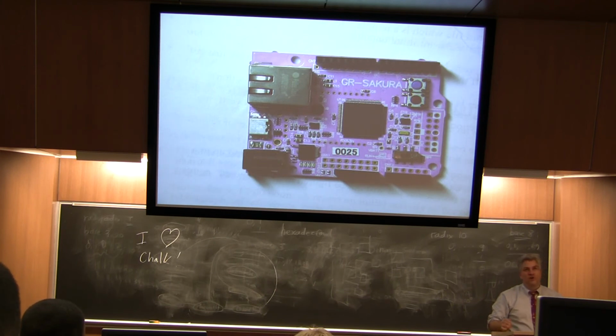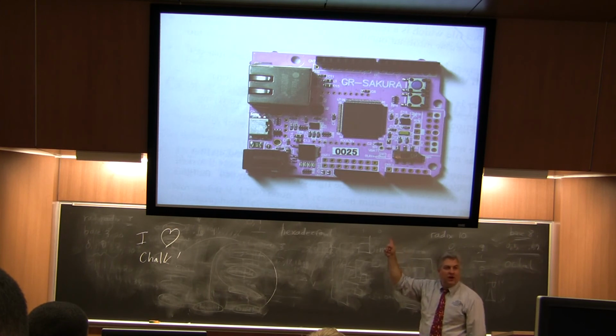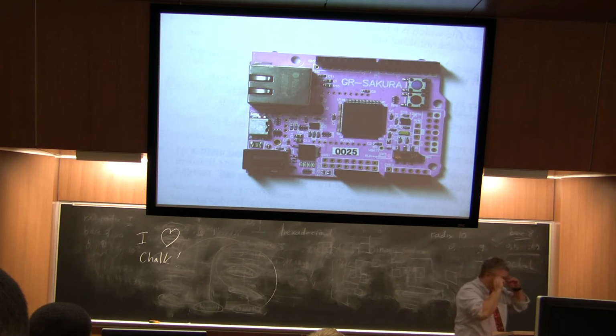Arduino is one of the newer standards. De facto standards is the best way to put it. Really cheap board, like $30, $40. It has some microprocessor capability. It has onboard memory, I/O pins, but this has a lot more than that, more than most Arduinos have. So this has Ethernet.